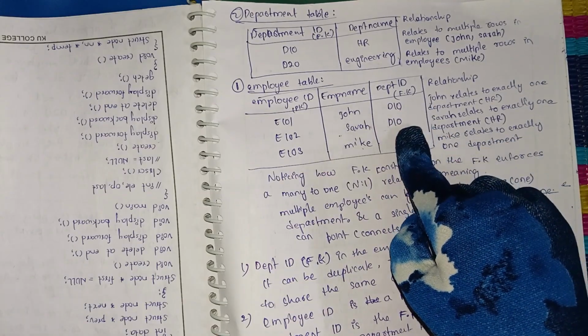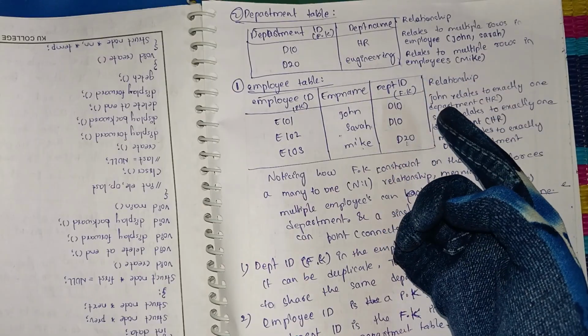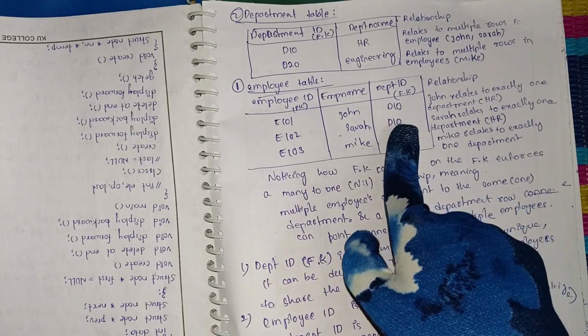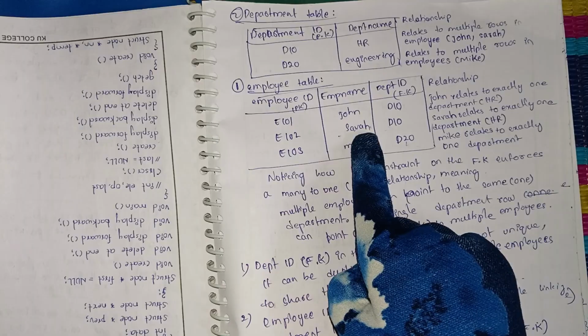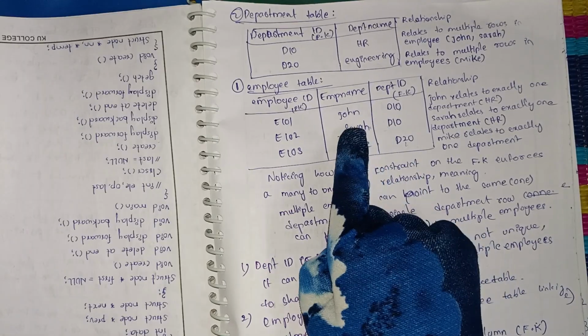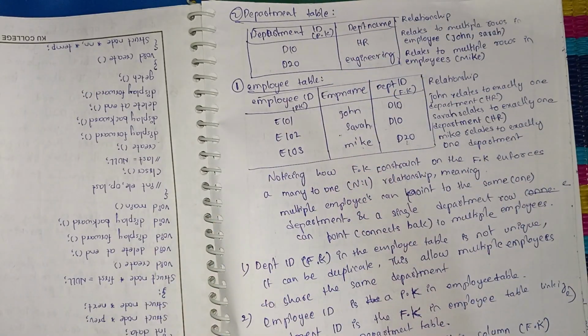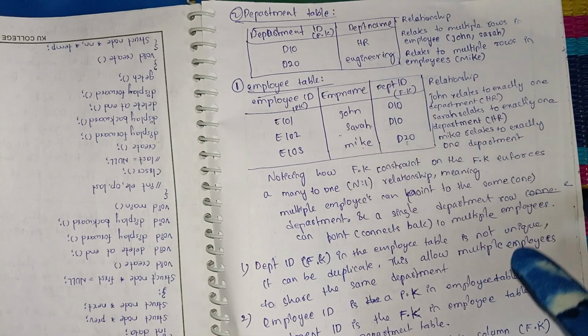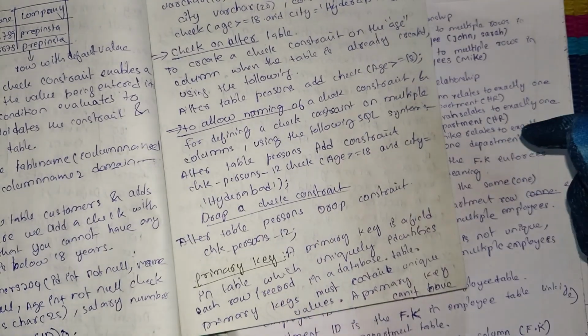So here a many to one relationship is there, and in the reverse, department 10 has John and Sarah as employees, so here we have a one to many relationship. Like this, between two tables we find the relationships by using primary key and foreign key. So that's the overview of primary key and foreign key. Now we will see the definition of it.